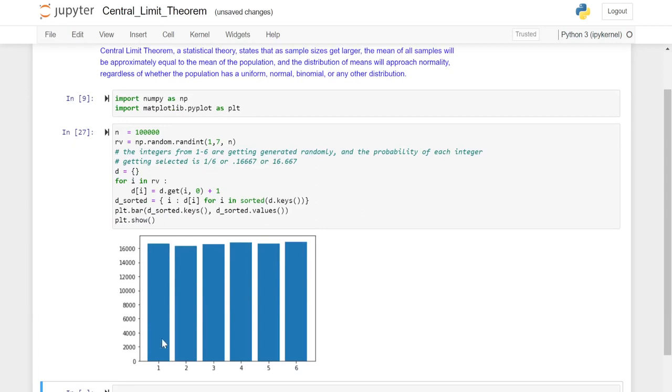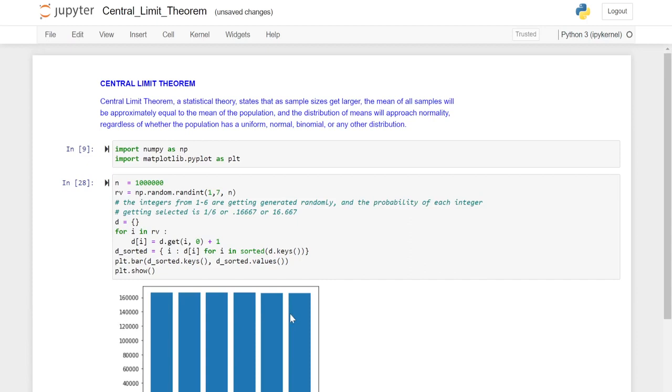The height of each and every integer is the same, right? The y-axis is showing this and the values are almost the same. If you want them to be more perfect, increase the number.